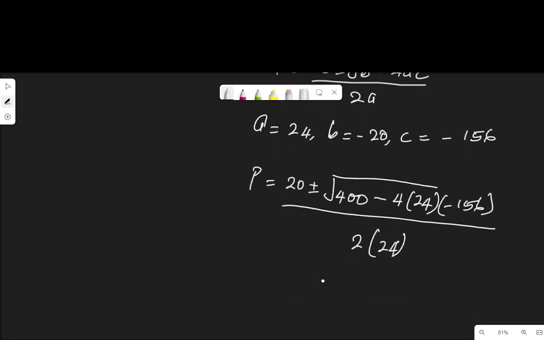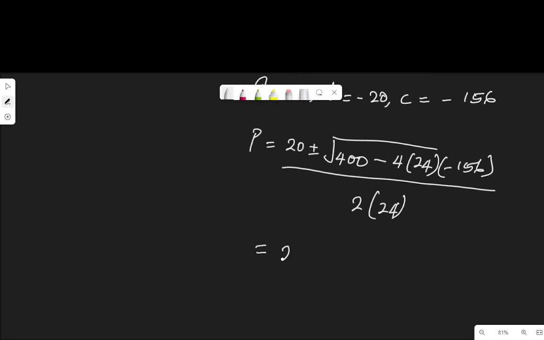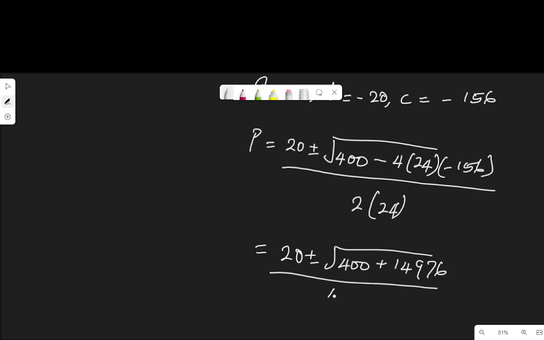That gives us 20 plus or minus root 400, negative times negative is positive, plus 4 times 24 times 156. Use a calculator there: 14976. And all over 2 times 24 is 48.